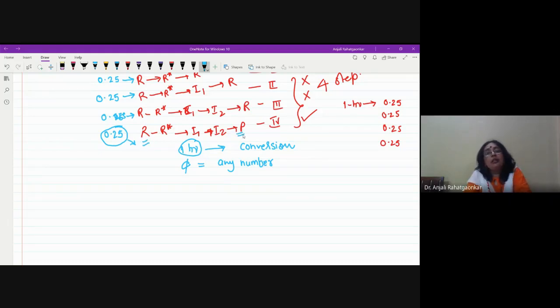Three-fourths of the energy is useless for the photochemical reaction, because it has been used for various other changes, or for the photophysical changes.